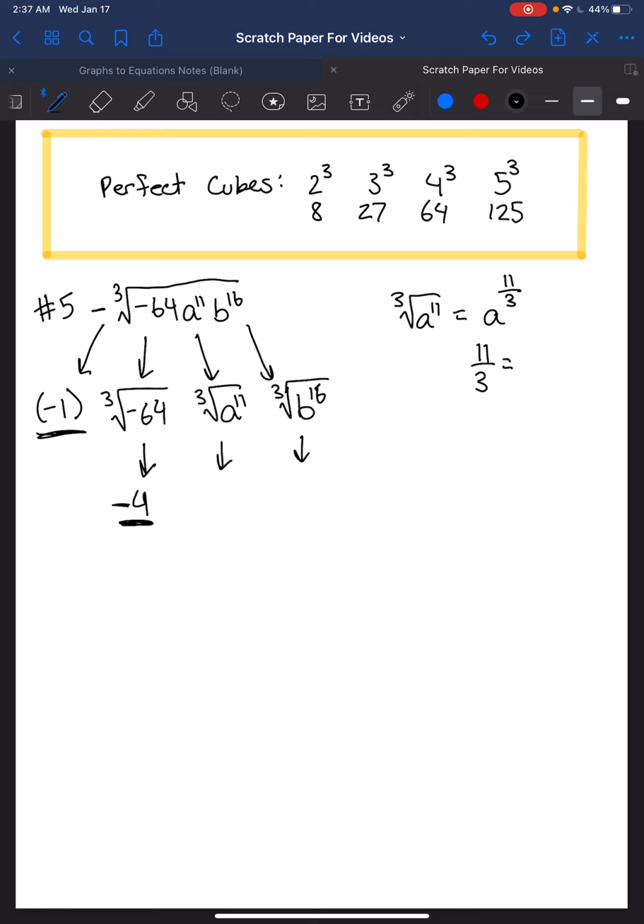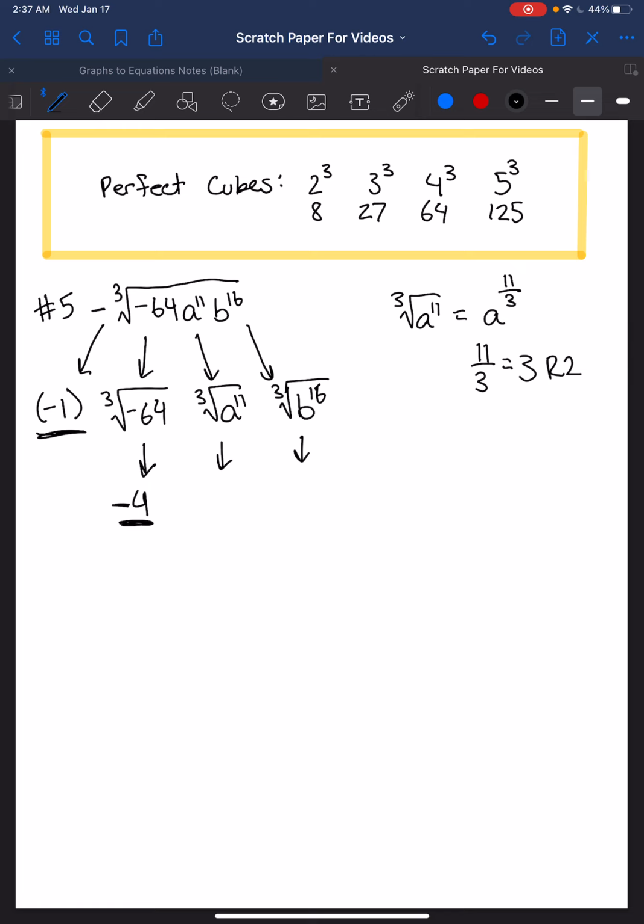Oh, sorry. It goes in 3 times. 3 times 3 is 9, not 3 times 2. I'm getting it mixed up with squared. Sorry. 3 times 3 is 9. 11 minus 9 is 2 left over. So this will be 3, remainder 2.